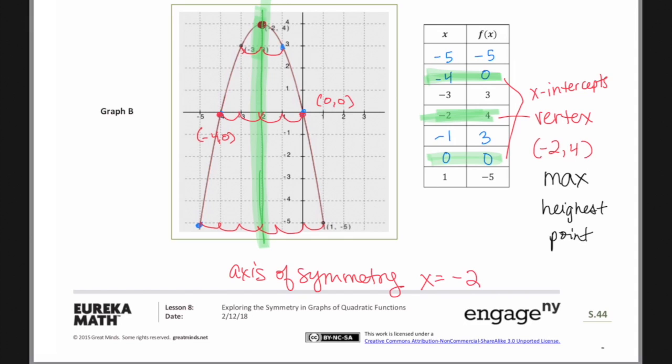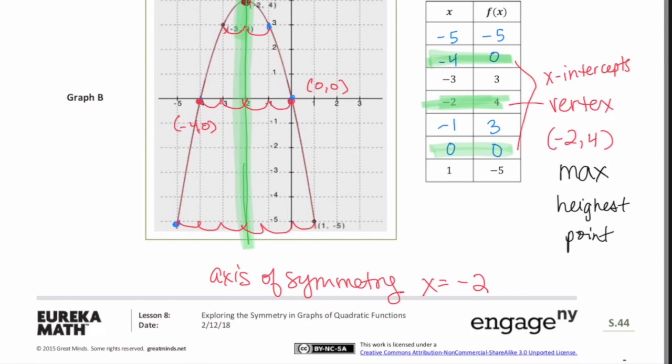Sometimes you won't get graphs that are showing every single point like this graph, for example, and you will need to draw the missing point. Well, if you have the opposite point, then you can count from the axis of symmetry to the opposite end and get the next point. So axis of symmetry is actually really quite useful when you are trying to solve problems that involve a graph and you don't have the entire graph.